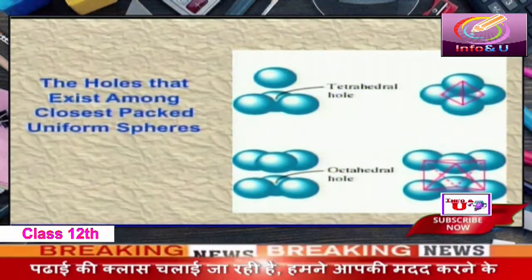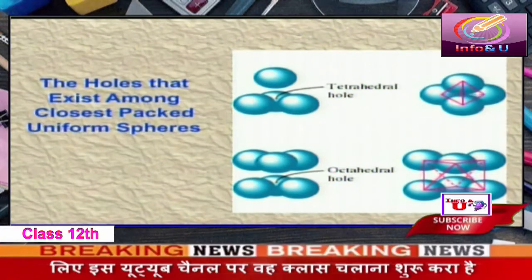Dear children, in spite of the closest packing, the whole space available is not utilized. Some place is not utilized by the atoms and the voids are left. Just have a look on the pictures of the octahedral void and tetrahedral void.